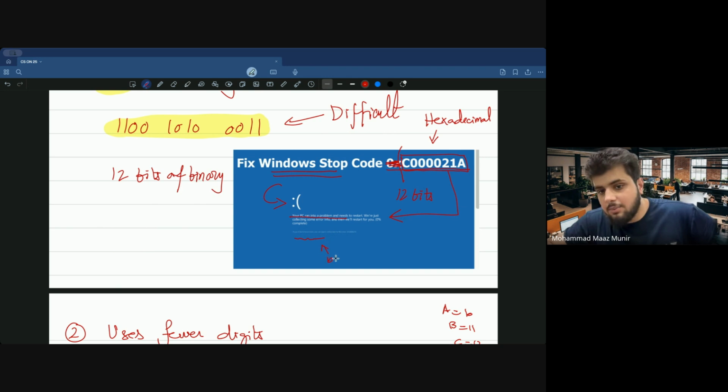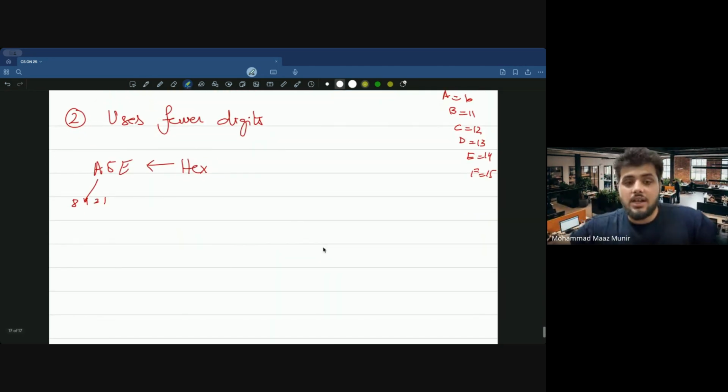They could have directly mentioned a binary error, but they rather give you a hexadecimal code like this, C000221A. Why do they give you C000221A rather than such long binary digits? The reason is that binary is usually really long and hexadecimal uses far fewer digits.